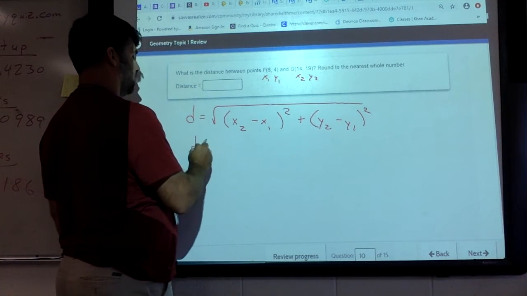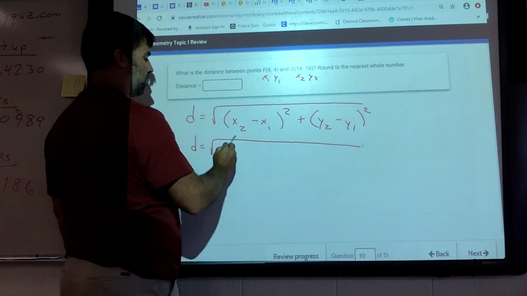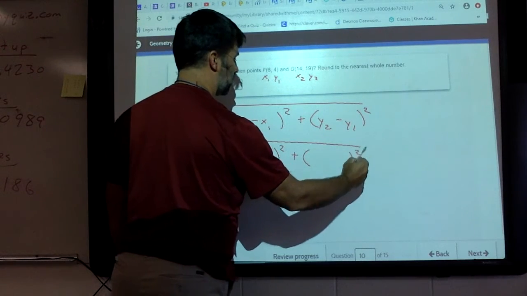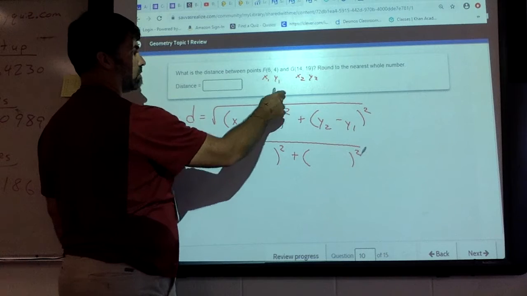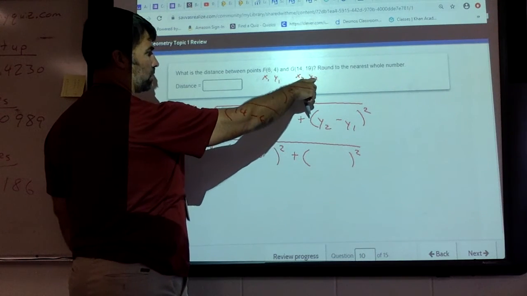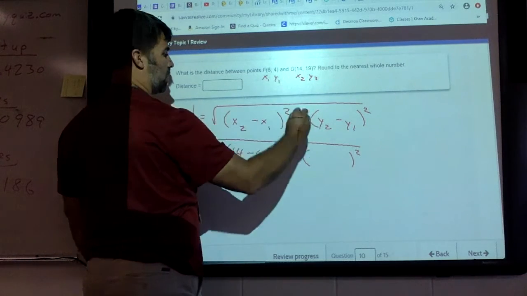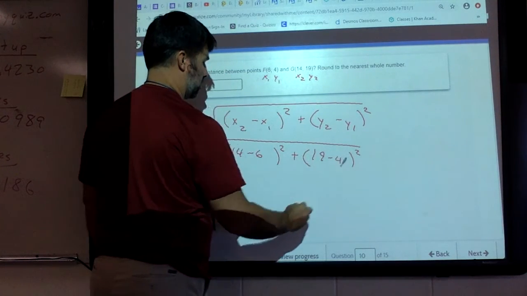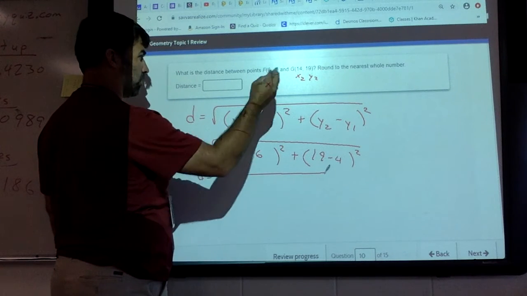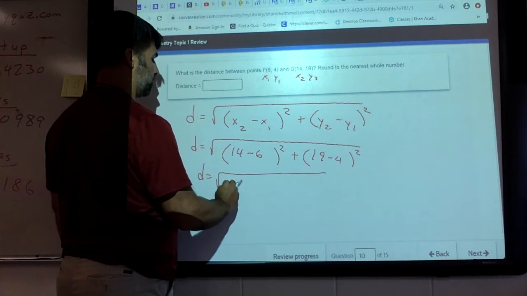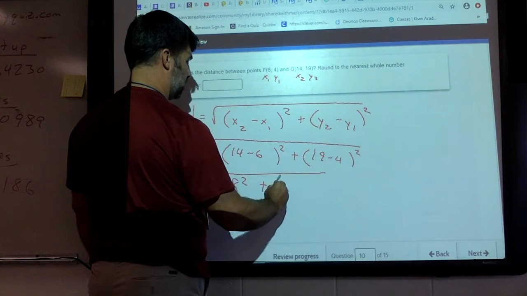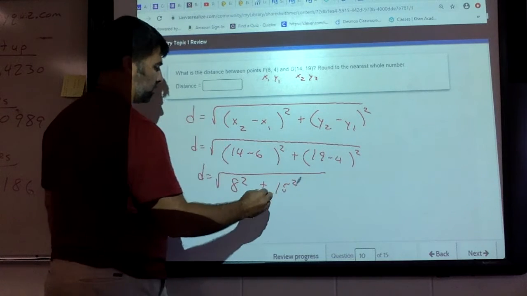So when I plug that in, again, I'm going to go fast, but you can always stop it and go back and look at it again. X2 minus X1, that is 14 minus 6. Y's, right? Y2 minus Y1, 19 minus 4. So as I simplify this, again, the idea of rounding to the nearest whole number, keep that in your mind. That's 8 squared, 19 minus 4, 15 squared. So if you square that, that's a 15.